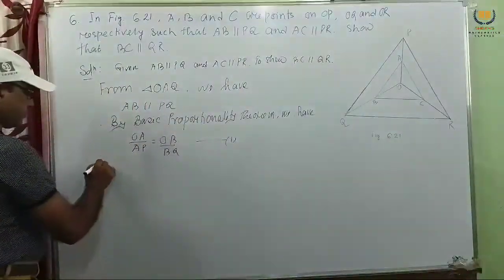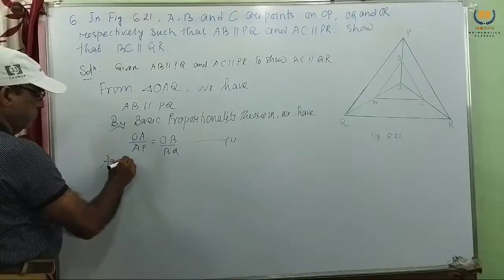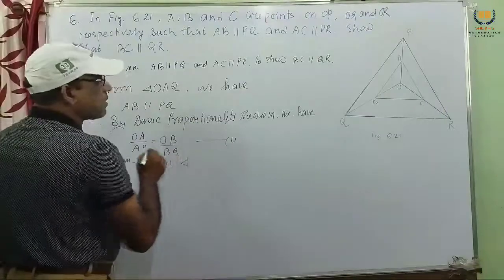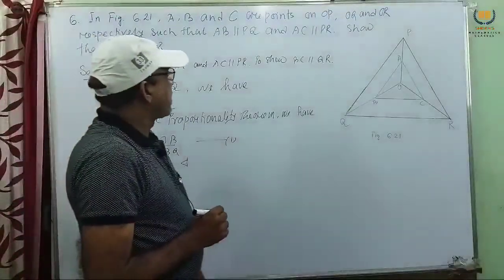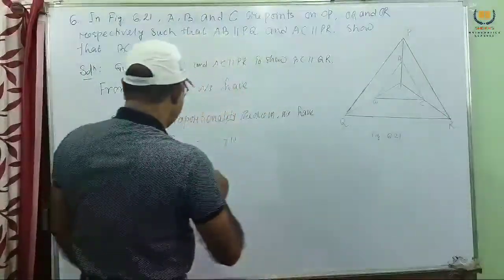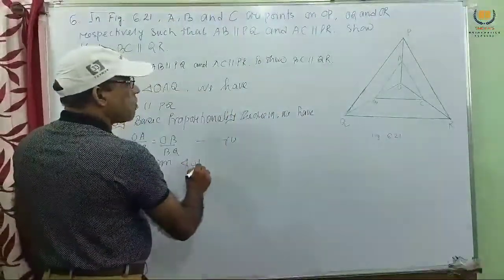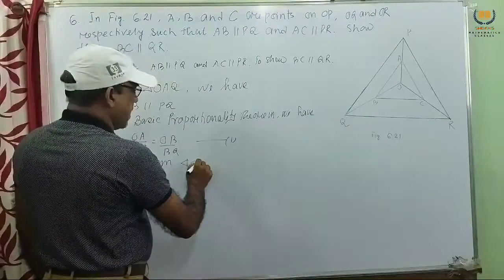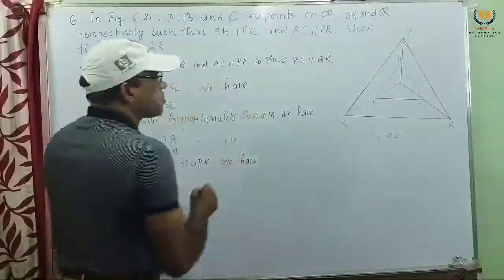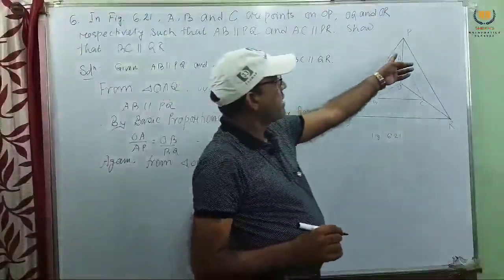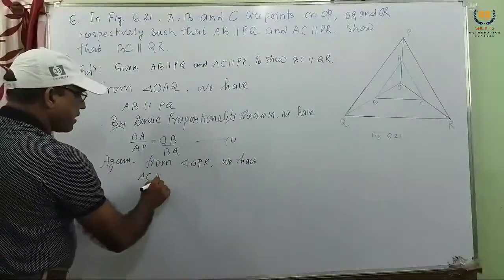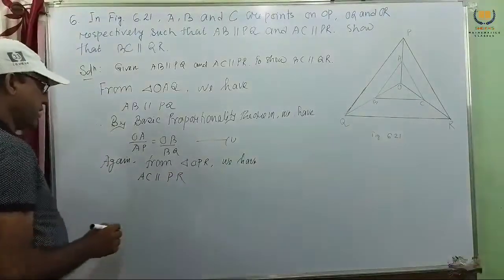Again, from triangle OPR we have AC parallel PR.